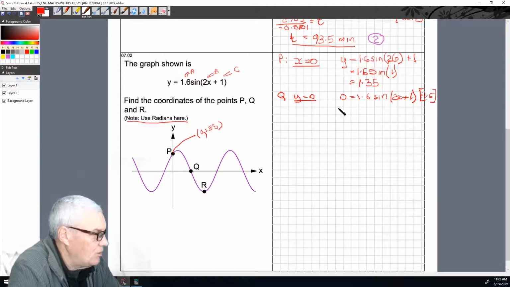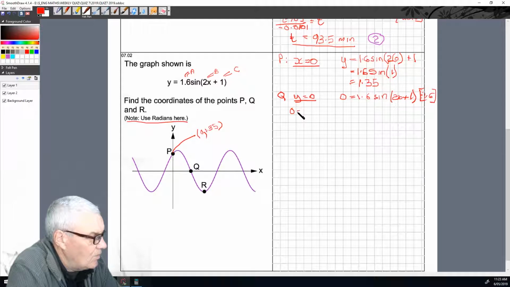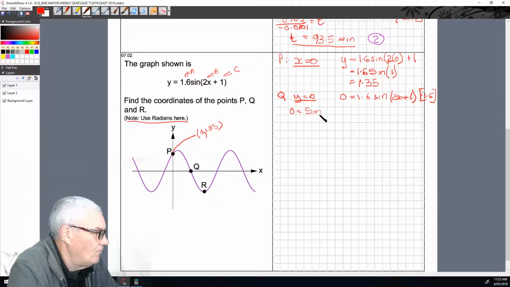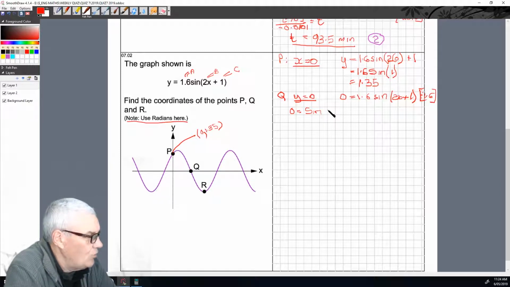And we can see there that 0 equals sine 2x plus 1.